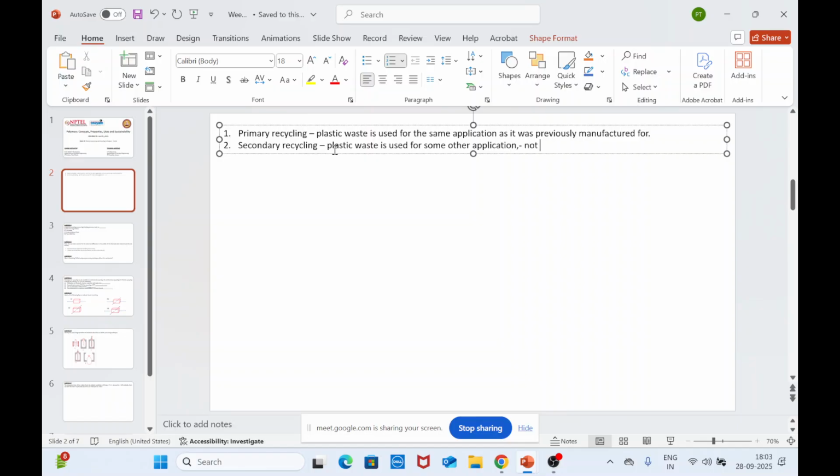It's not the same one as before. Since in primary recycling we use it for the same application, it's like a cycle, a closed cycle.